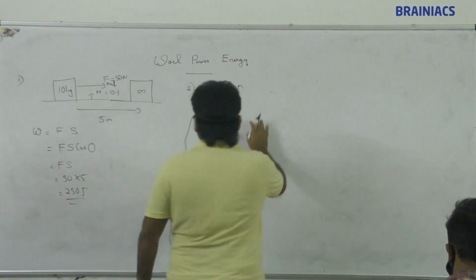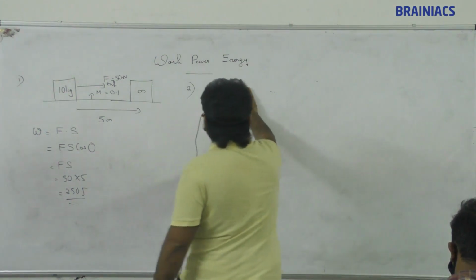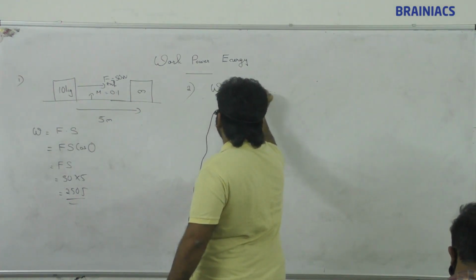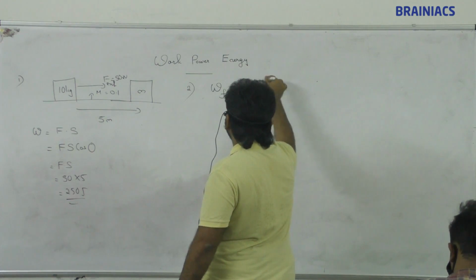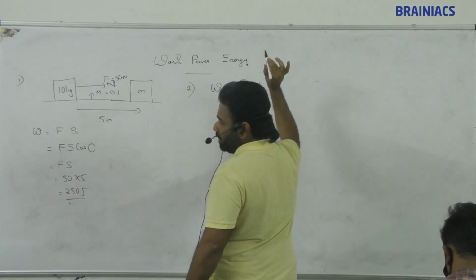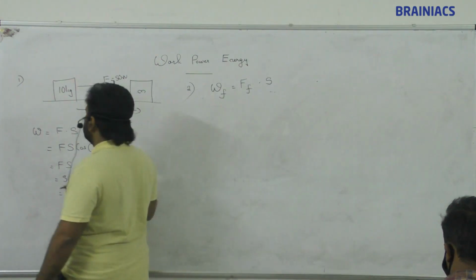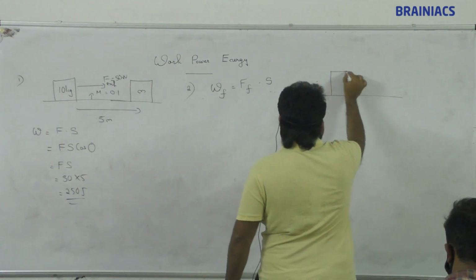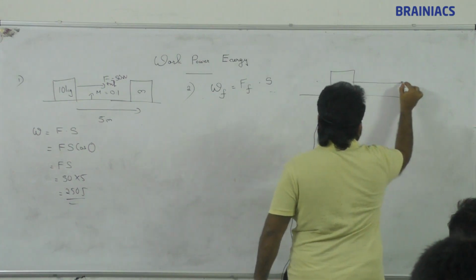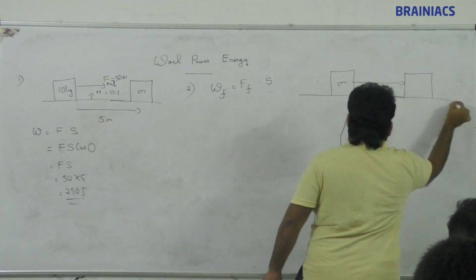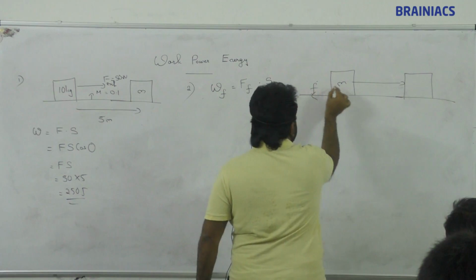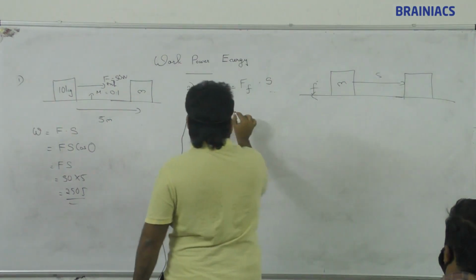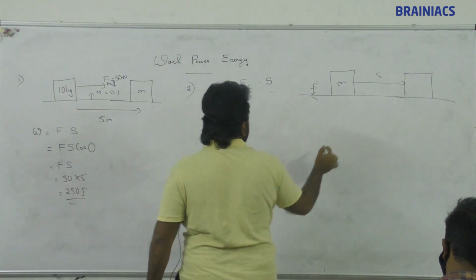See, look here. Work done by friction is nothing but frictional force dot the displacement. Now, in which direction is frictional force acting? Frictional force is acting in the direction opposite to displacement.